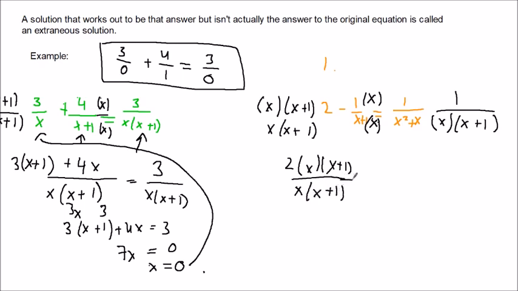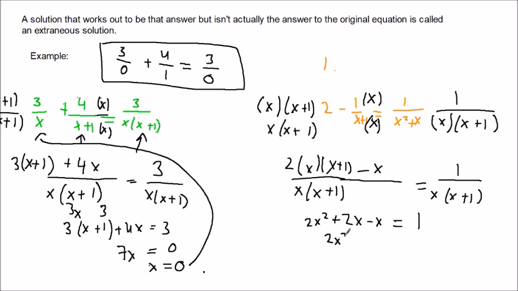Actually, I can put this whole thing underneath because we can just do subtract x like that, and then that will equal 1 over x times x plus 1. So our equation is 2 times x times x plus 1. This is x squared plus x, that's 2x squared plus 2x. And then minus x is equal to 1. And you can do this because x times x plus 1 here and x times x plus 1 here, they're both the same denominator, so you can just set that equality.